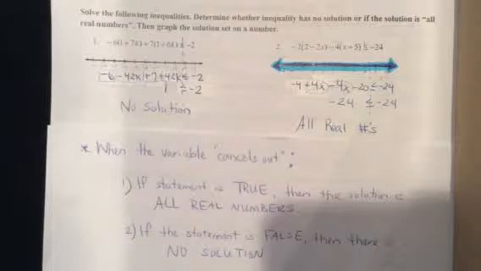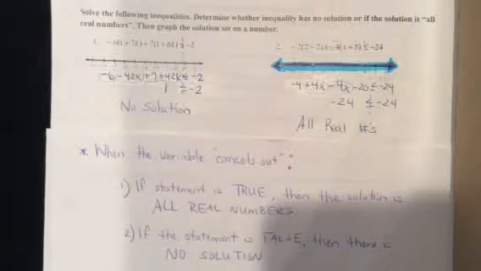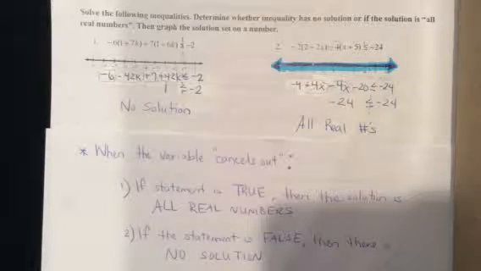When the variable cancels out, whenever we're solving, and this variable cancels out, if the statement is true, then the solution is all real numbers. But if the statement is false, then there is no solution. You'll need to know both of those special cases.